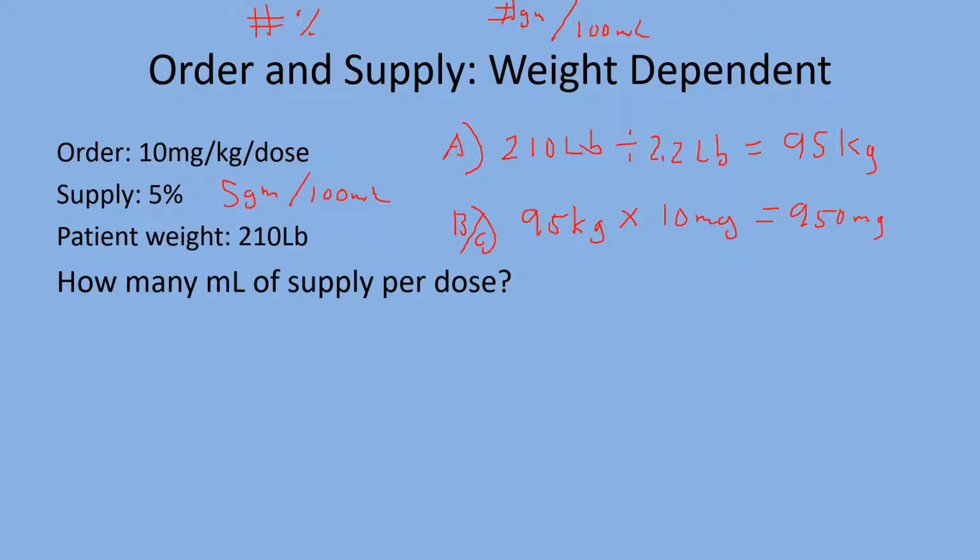So our last step is to use our newly converted percentage. 5 grams per 100 mLs. Order is 950. The supply comes 5,000 milligrams per 100 mLs. Yep, so it'd be 19.